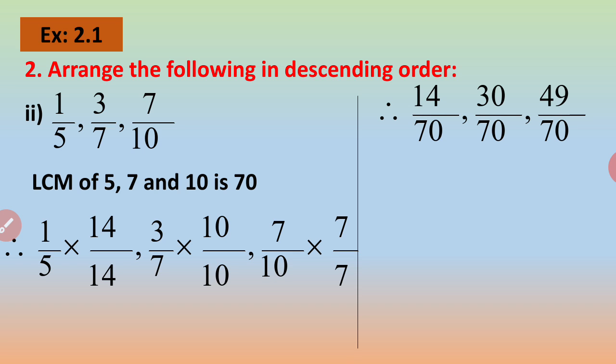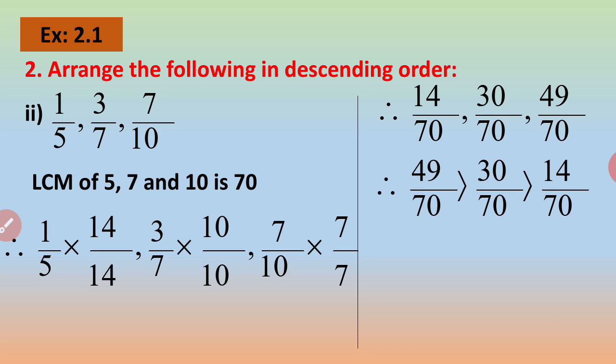Once you get this, write in descending order, that is from the largest to the smallest. But your question doesn't have these. We have to write the exact numbers that are there in the question. So substitute the equivalent fractions from there and you get your answer.